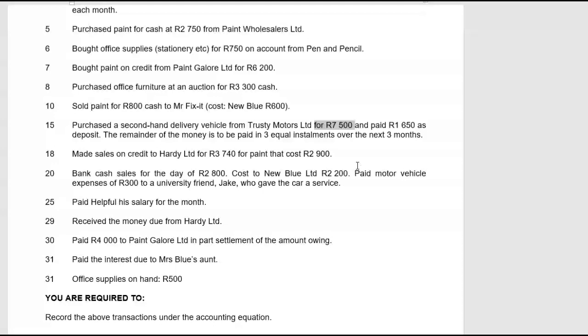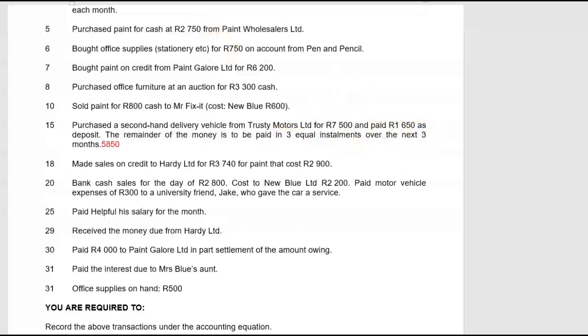So 7,500 less 1,650 gives us a remainder of 5,850. So that we're going to pay back over the next 3 months. Great. So the first thing what happened is that we have increased our assets named delivery vehicles with 7,500.